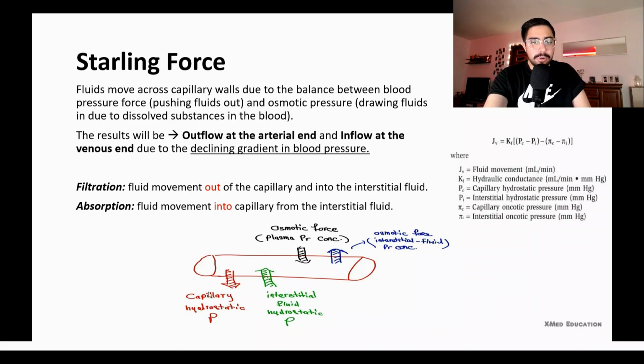Here we mostly have outflow from the capillary, so the fluid will go to the interstitial space, and at the end of the capillary bed the fluid will return back to the capillary. We have two terms: filtration, which means that fluid goes outside the capillary, and absorption, which means that the fluid returns back to the capillaries.